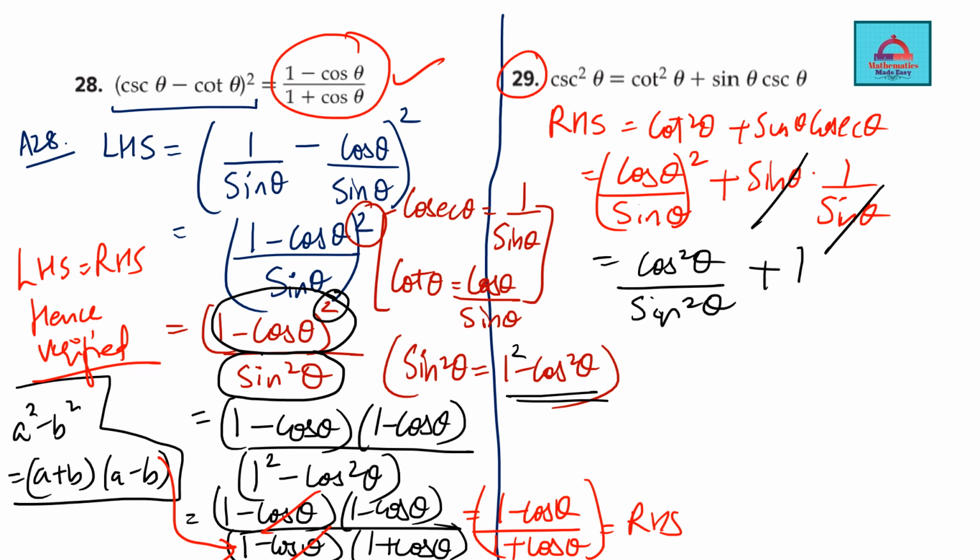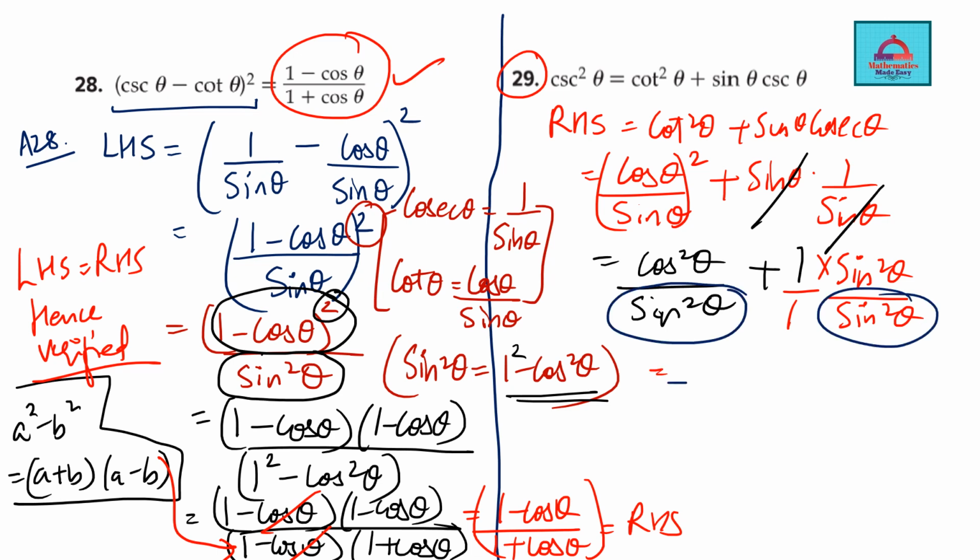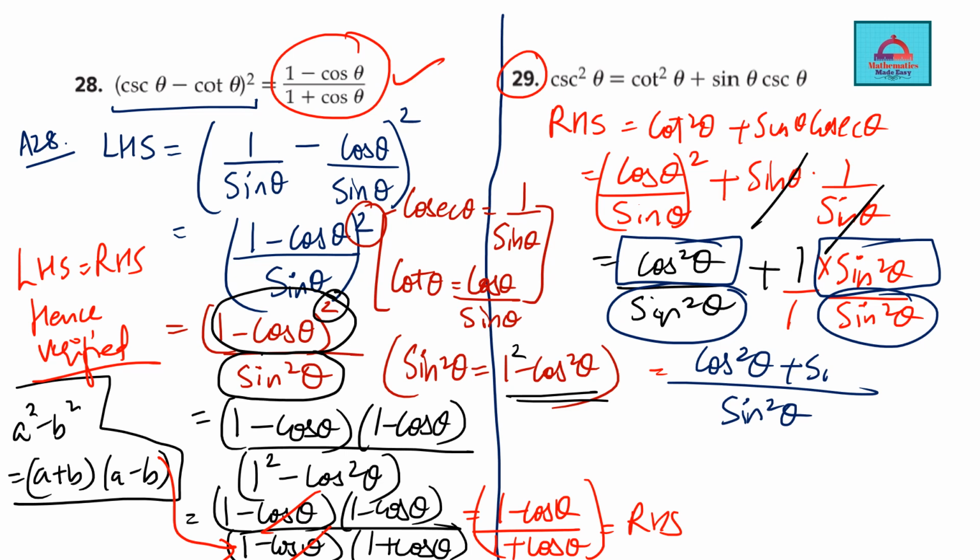Now, we need to make the denominators equal. So I'm going to multiply with sine square up, sine square down, because now I have both the denominators the same. So let's combine. Sine square theta is the new common denominator, and for the numerator I have cos square plus sine square, which you already know is what value?